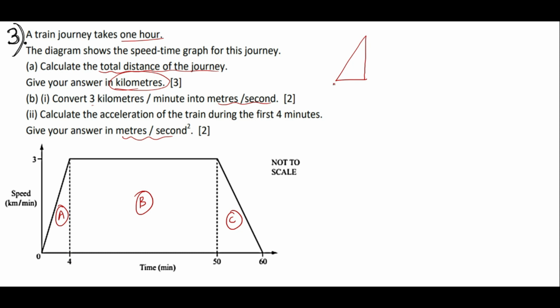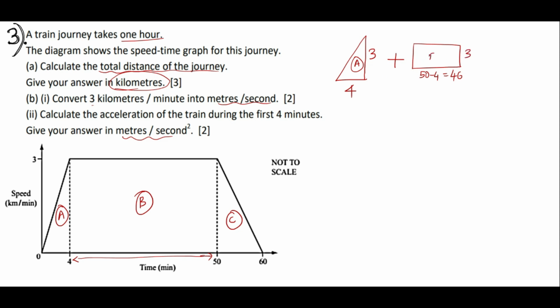So this has a base 4 and a height 3. So this is my triangle A, and plus I have a rectangle which has a length here. This is 50 and 4, so I'll do 50 minus 4, which is 46, and the height is again 3.